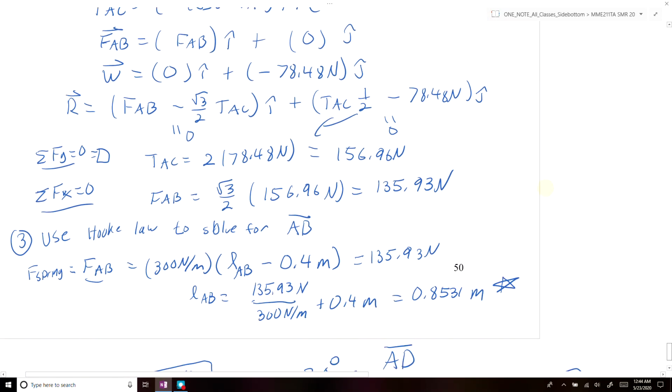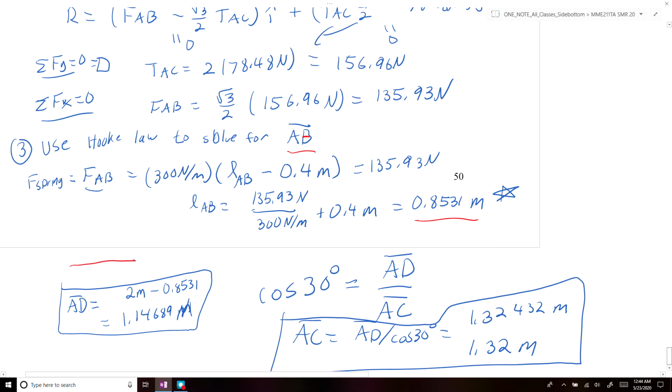Then we used Hooke's law to solve for the length from point A to point B. And once we had that length, we could use it to solve for one of the sides of our triangle, from point A, C, and D. So we were able to solve for AD using the original part of the problem, and then using the 30-degree angle, we could then solve for our length AC. All right, so that concludes this problem on equilibrium of a particle with a spring.